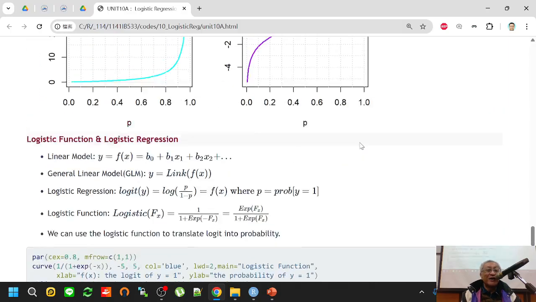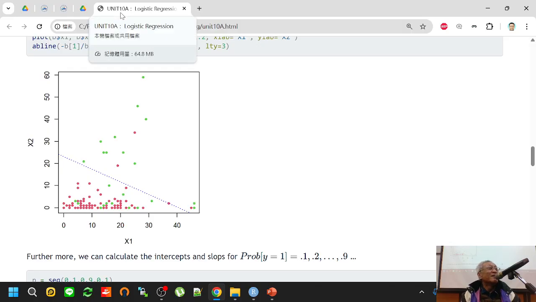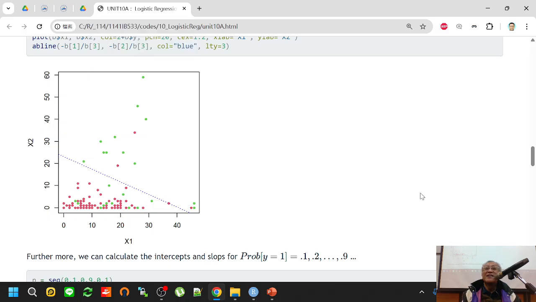All right, so this is notebook 1. Any question up to this point? In this notebook we want to elaborate on what logistic regression is and its basic mathematical things.